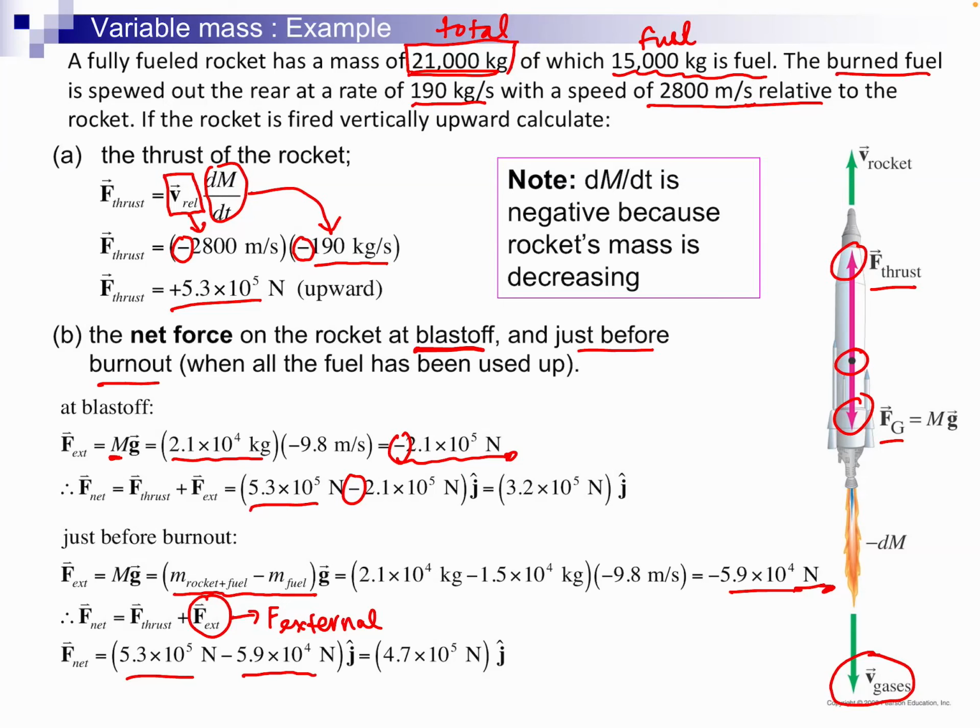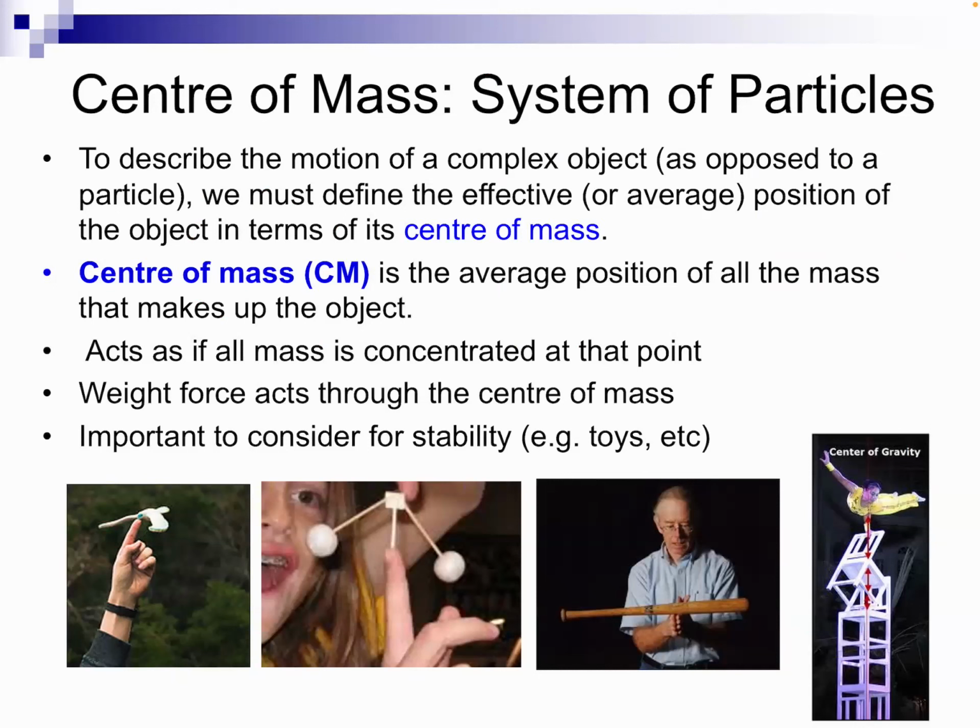This is a valid way of looking at objects. When we draw a free body diagram, you don't need to draw the whole elaborate object. You can just represent it as a dot or a square and draw your forces acting on it. That is because extended objects can be thought of as particles as well if we consider the concept called center of mass.